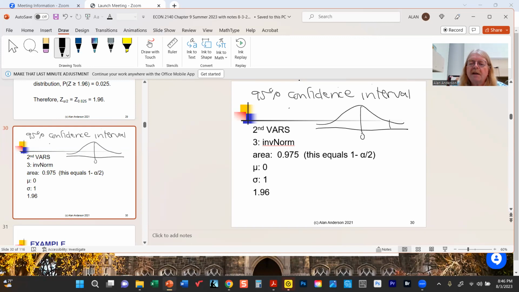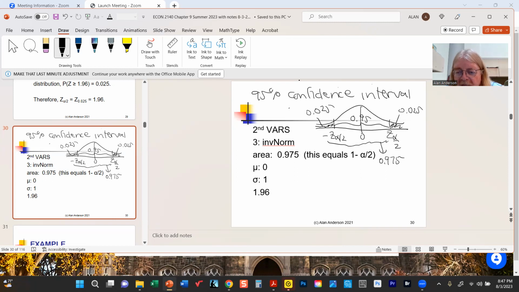So we have 2.5% here. And of course, the same thing here, leaving 95% in the center. So area-wise, the entire area below this one, the positive z-score, is 0.975.